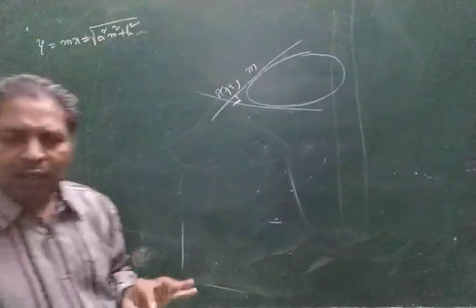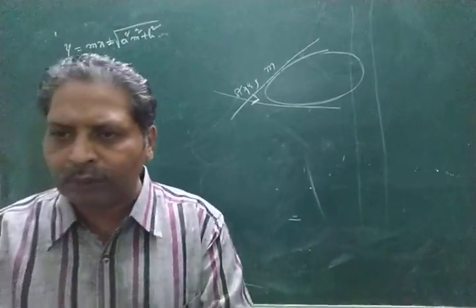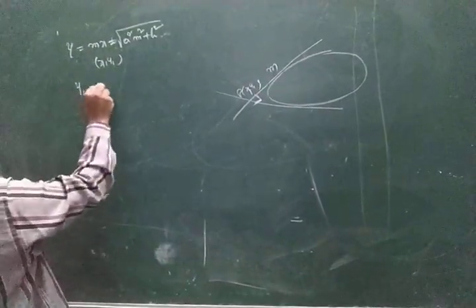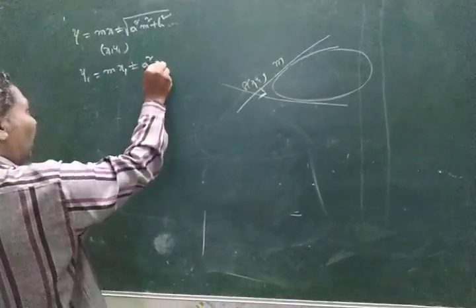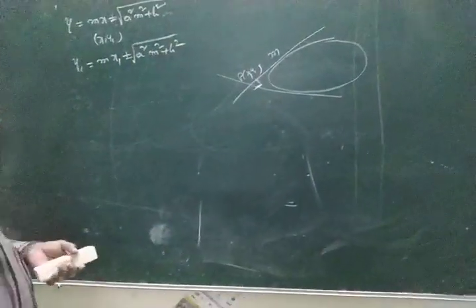This is passing through the point x1 y1. So y1 equal to mx1 plus or minus under root a square m square plus b square.